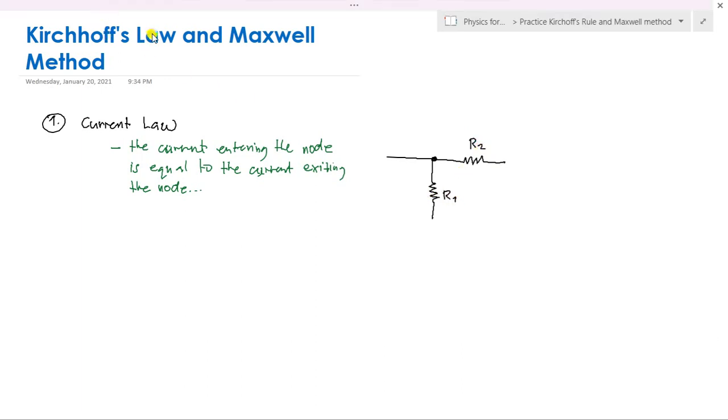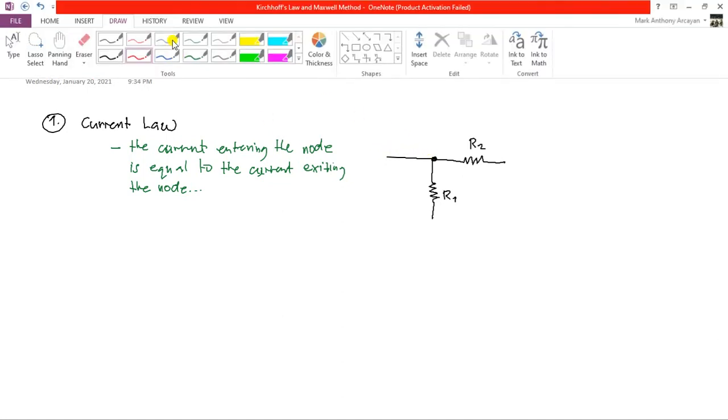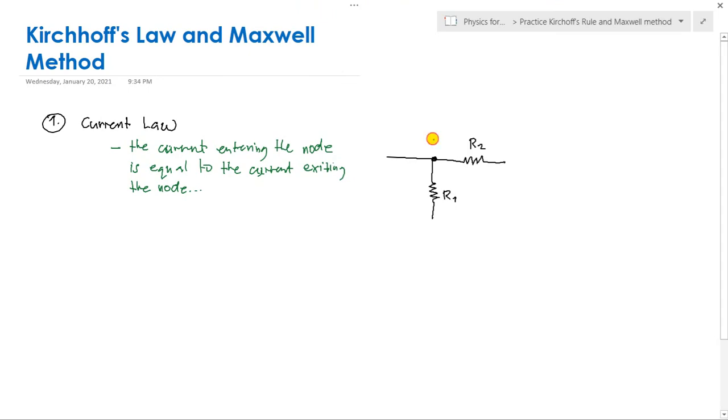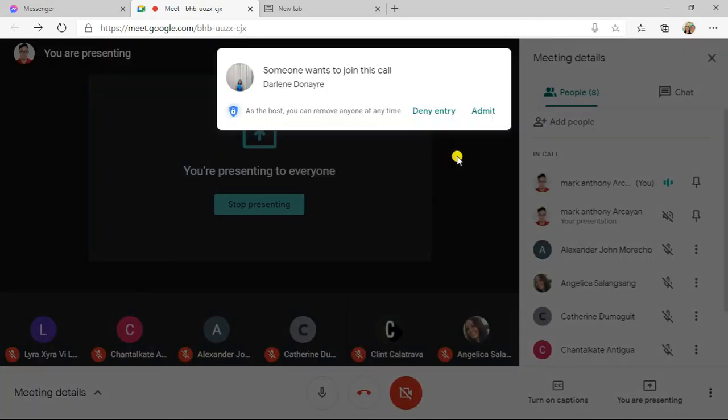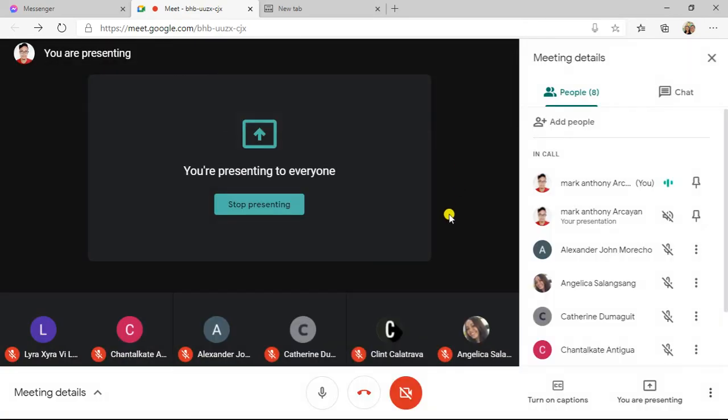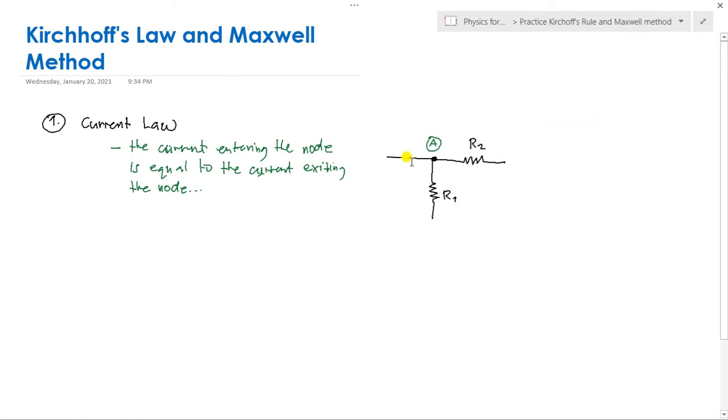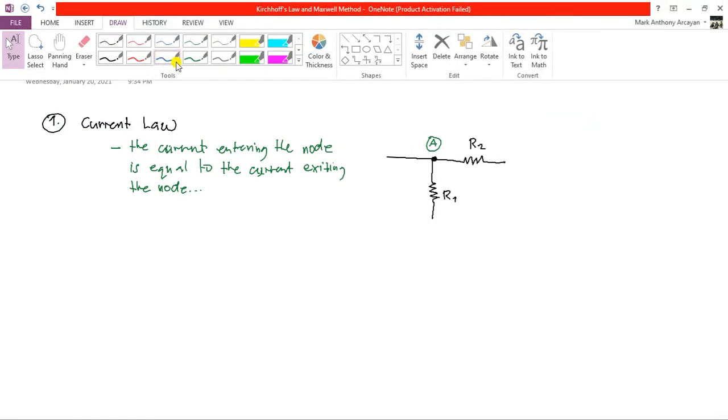Suppose there is a current approaching this node. Let's say we name this node as node A. And take note, in the problems in the book, they actually don't define it. They don't label the node, but some problems do label it.